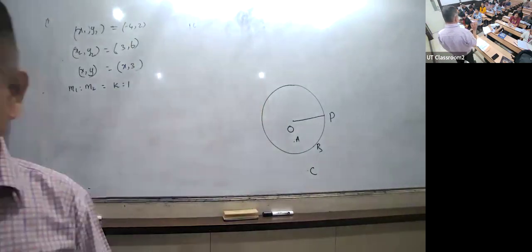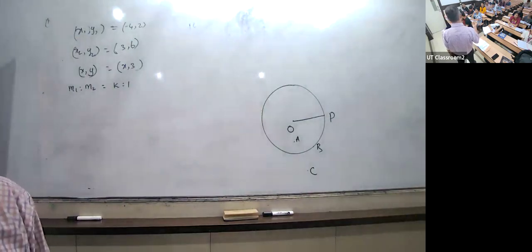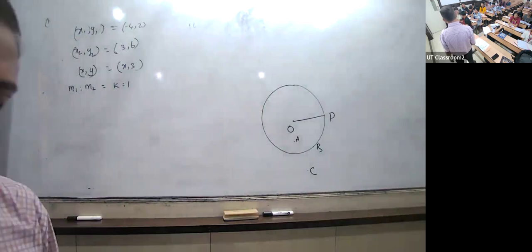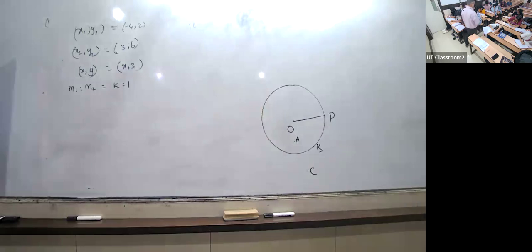How to identify whether a point is inside the circle? Write down: if a point is inside the circle, then its distance from the center is less than the radius.